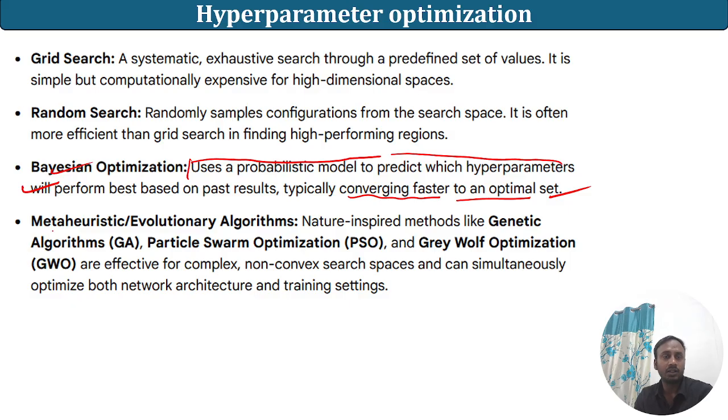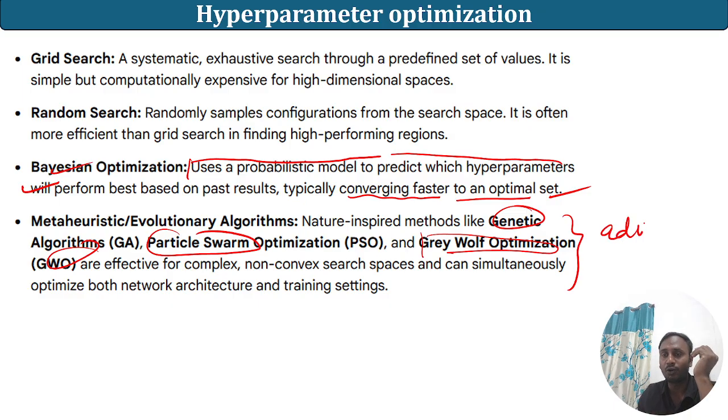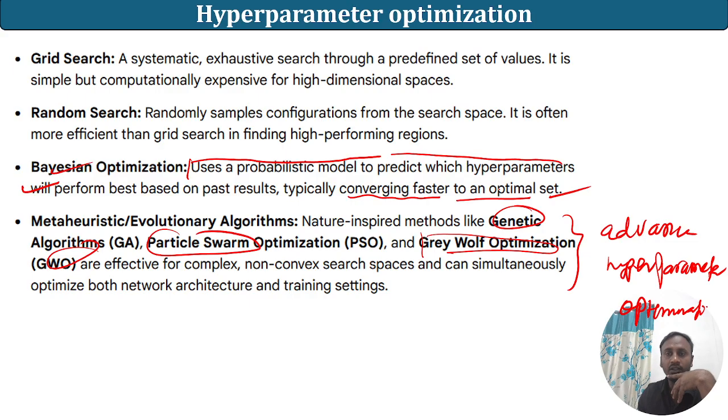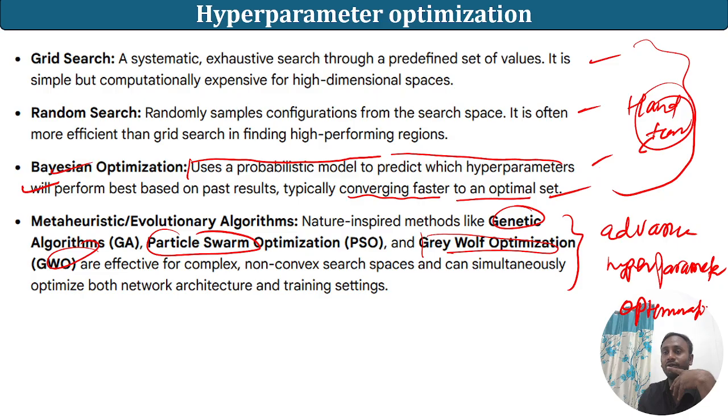Then we have metaheuristic optimization: GA, the genetic algorithm, particle swarm optimization, and the gray wolf optimizer. These are advanced, so we will not go much into advanced hyperparameter optimization. People use the simpler ones for simple problems.